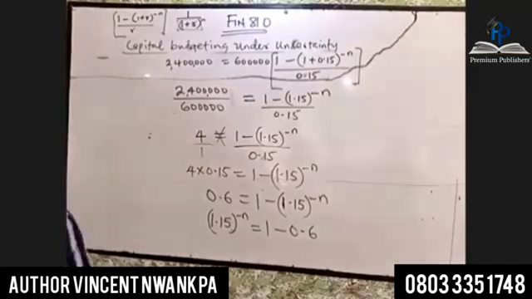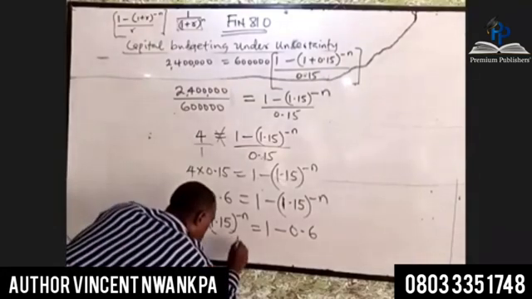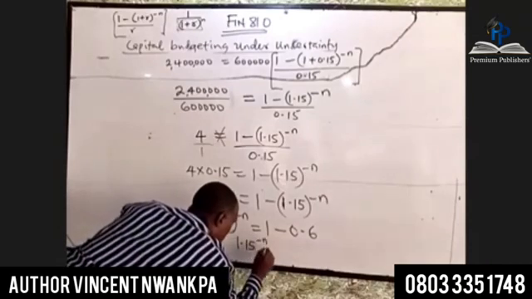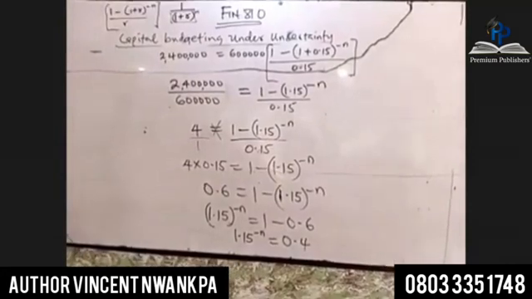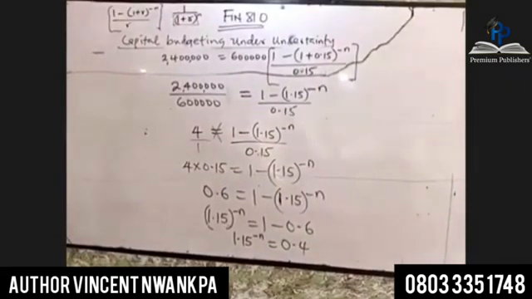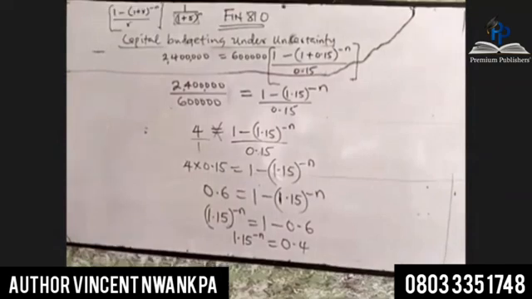Let me see. I can put this as 1.15 all raised to power minus n equal to 0.4. There's no way we can bring that n down except we apply logarithms. That's what you don't like, but they say we should do it.